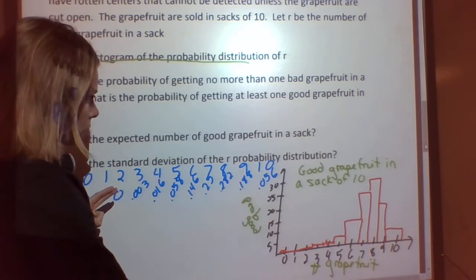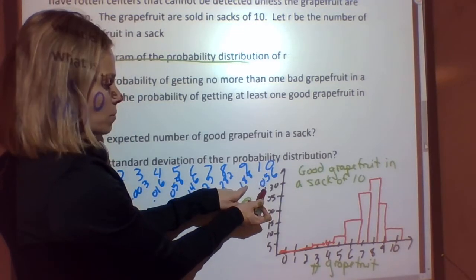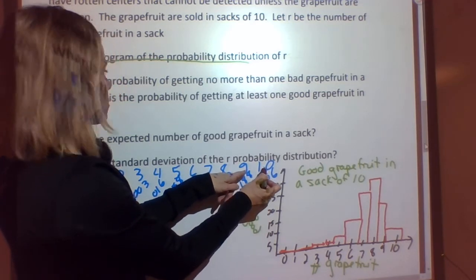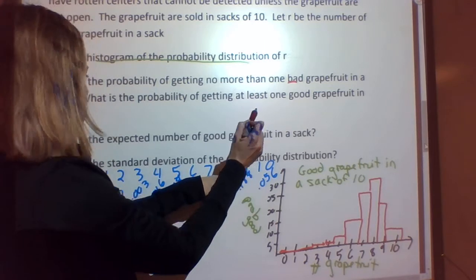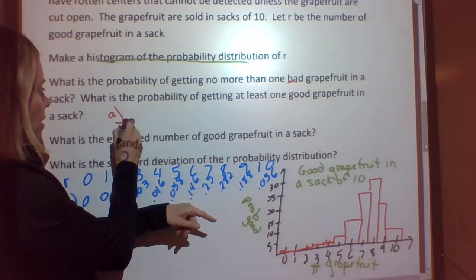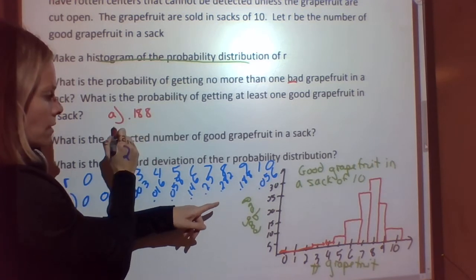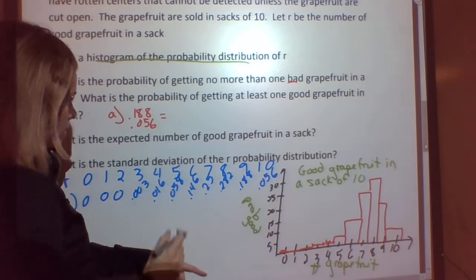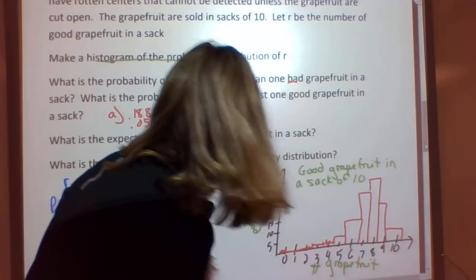So to answer that first question, I would add these two probabilities, because this would be 1 bad grapefruit and 0 bad grapefruit, because that's what it's asking, bad grapefruit. So part A here, I would take 0.188 plus 0.056 and get what?